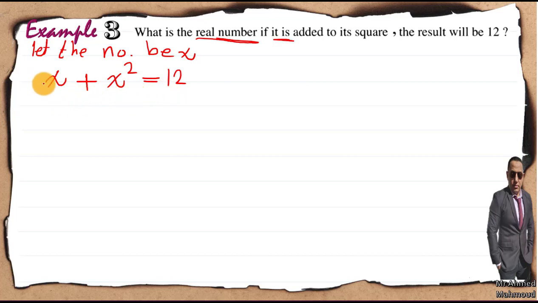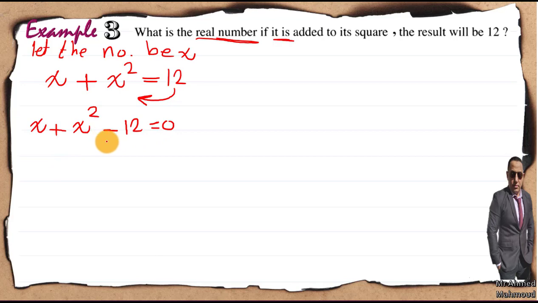By looking carefully, I have x and x power of 2, so I can't use the first term method, and I can take the square root, but I'm going to solve by using factorization. So I have to make it a zero equation by sending 12 to the left side. So x plus x power of 2 minus 12 equals 0.